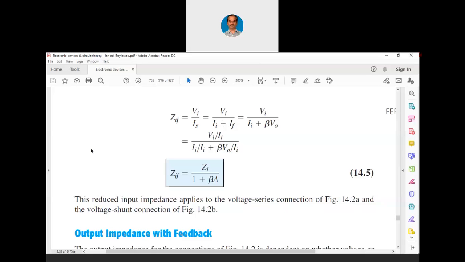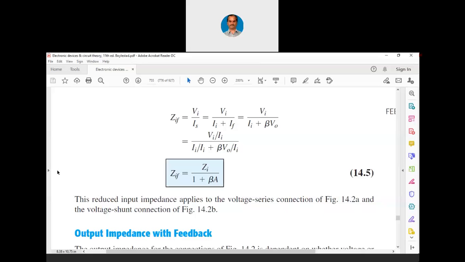So it is already time up now. In tomorrow's class, let me discuss the output impedance with feedback. It is already there on this screen now, but let me not hurry with the derivation of the output impedance. In tomorrow's class, let us see how output impedance is going to be affected in negative feedback. Ideally, we want the output impedance to be reduced, right?